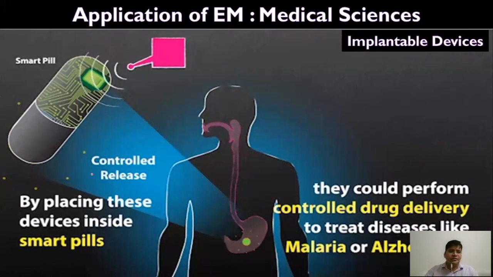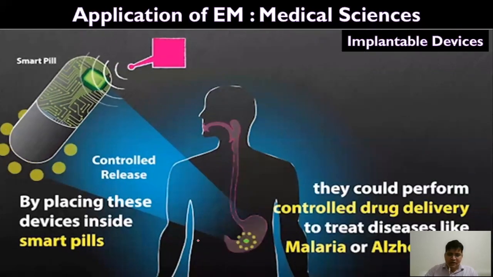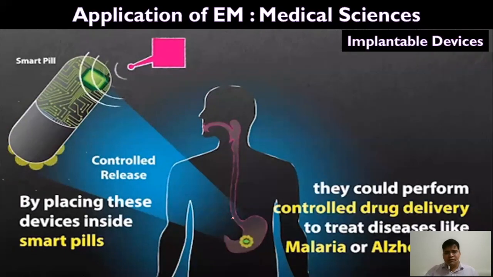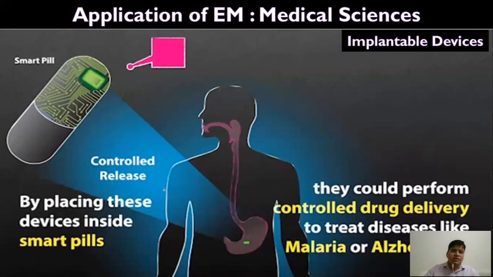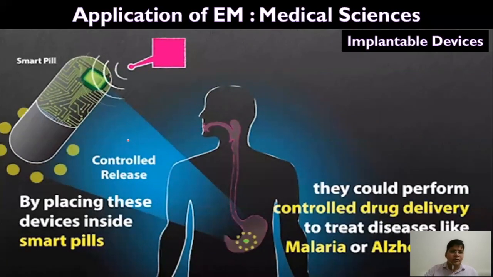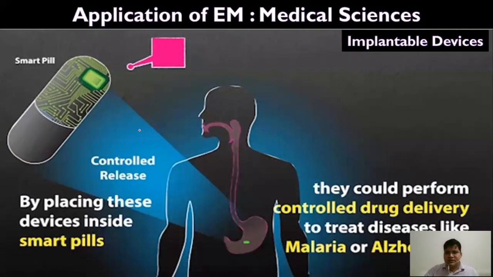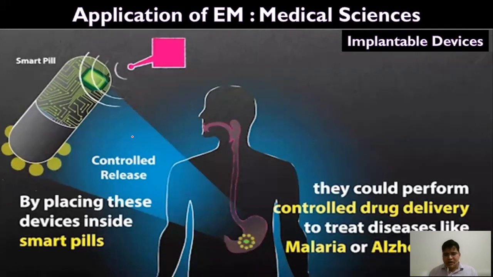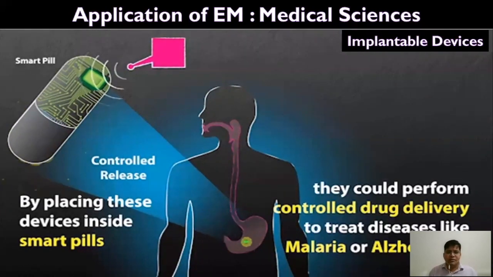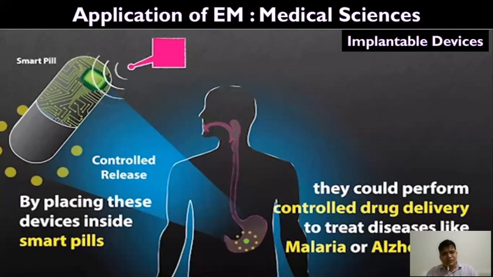Such smart pills will be there for a time period, then they will dissolve inside your body. So the life of the device is fixed, and the scientists made the device for the time that is necessary. So that is for the medical science.